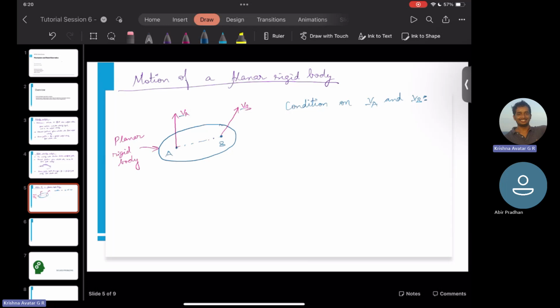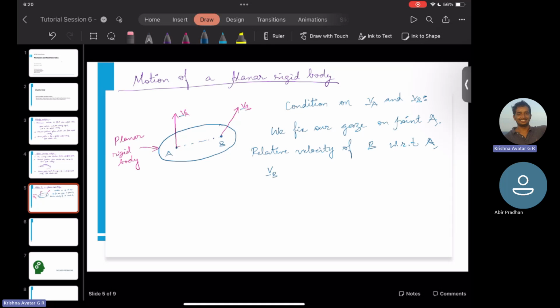So the requirement is that, say we look at the relative velocity. Say we fix our gaze on point A. So taking A as the reference, then the relative velocity of B with respect to A is what?